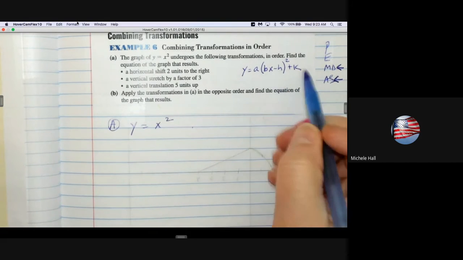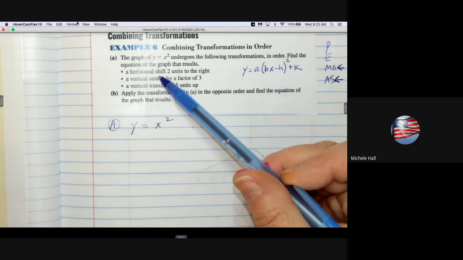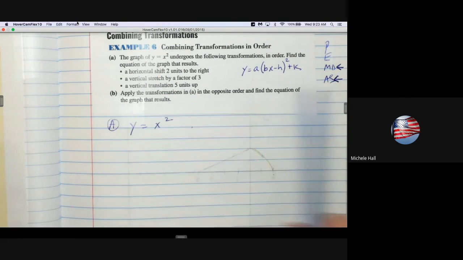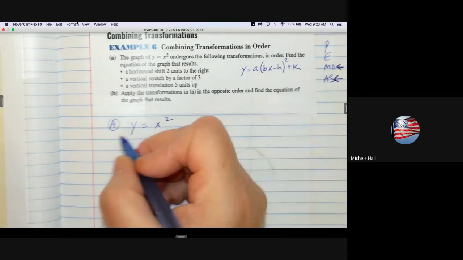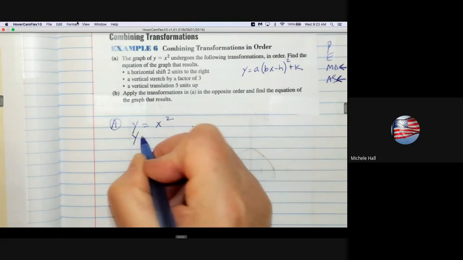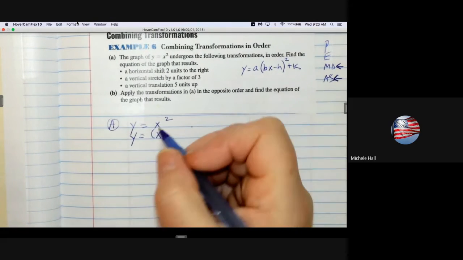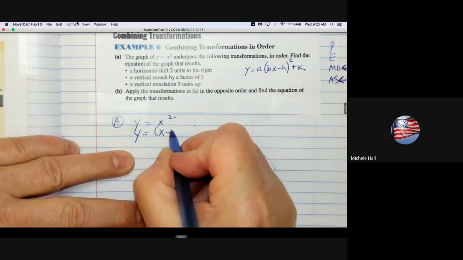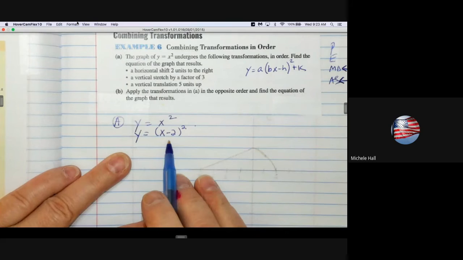Those 4 letters can be used in every function. All right, so horizontally, going horizontal on the x then, 2 units to the right. So is it x plus 2 or x minus 2? There is 2 units to the right.